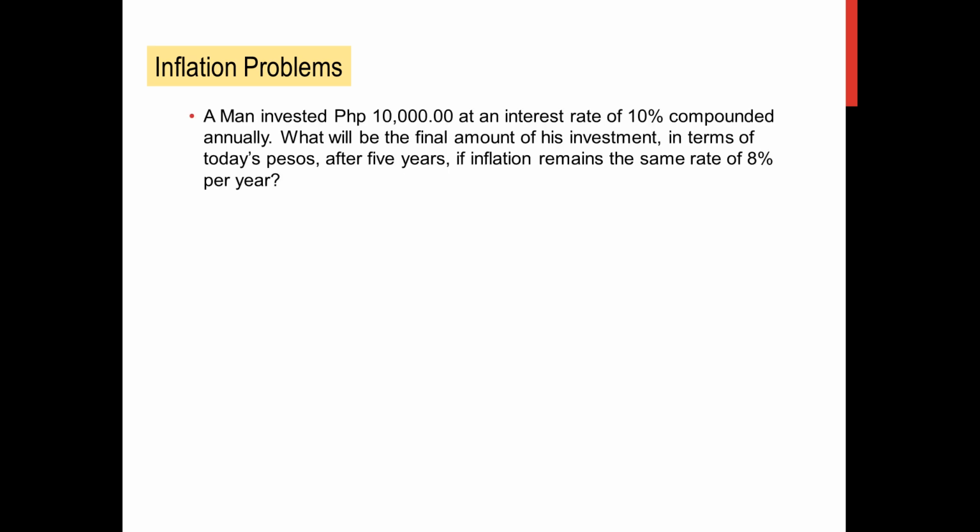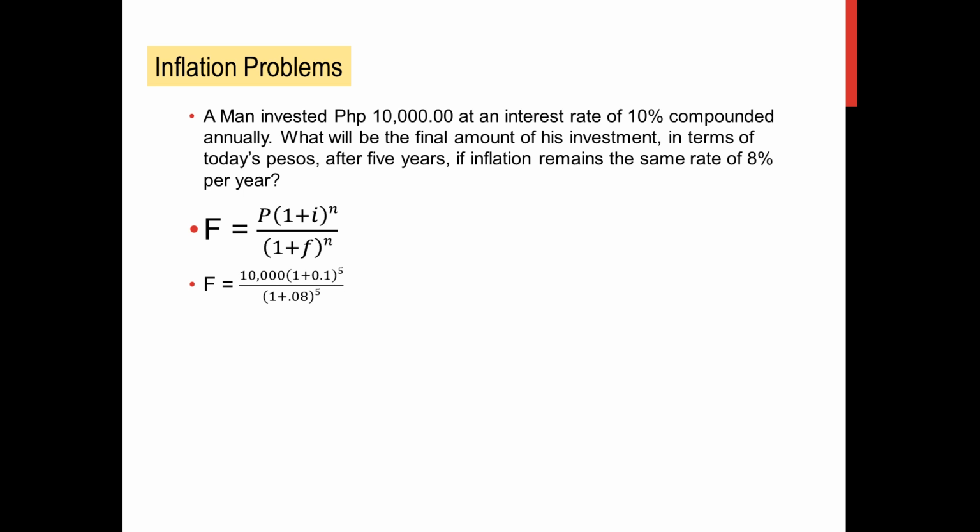So another problem: a man invested 10,000 pesos at an interest rate of 10% compounded annually. What will be the final amount of his investment in terms of today's pesos after 5 years if inflation remains at the same rate of 8% per year? Again, this is a problem where the interest rate is simultaneous with the occurrence of an inflation rate.